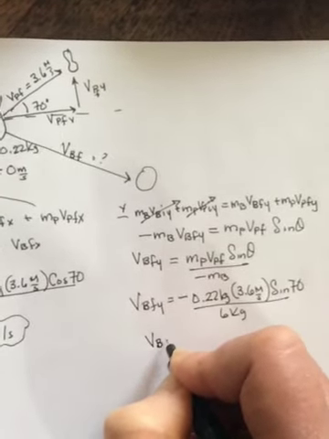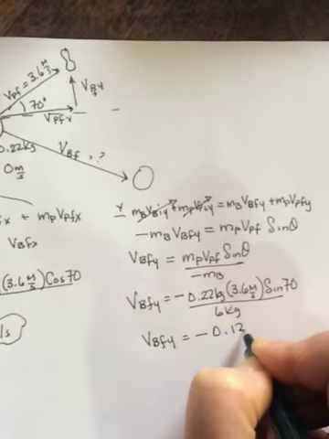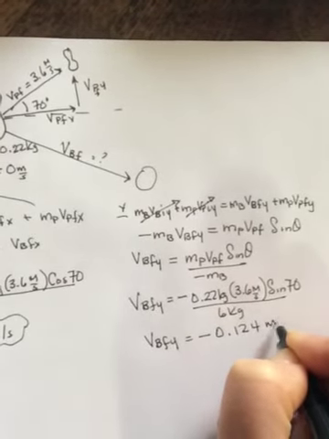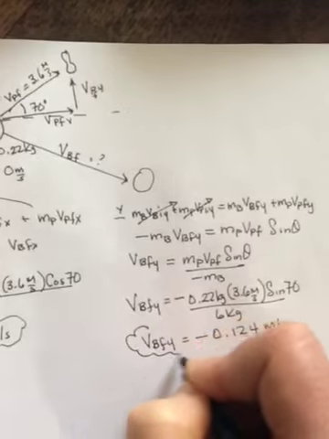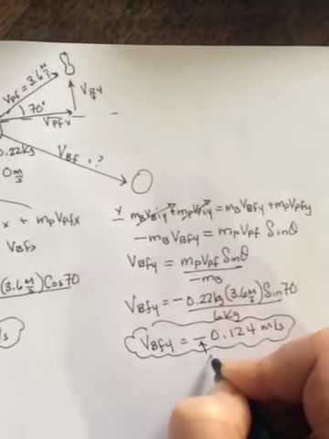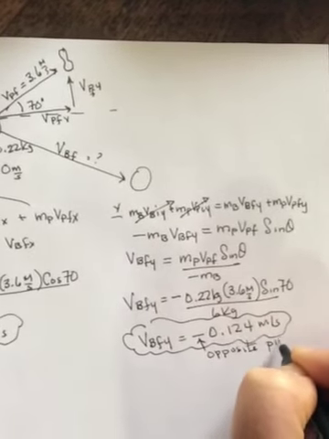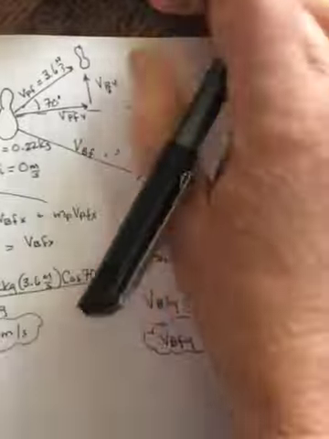So v of the ball final y is equal to negative 0.124 meters per second when you punch this in your calculator. And the negative means in the opposite direction to the pin. In this case, the pin was going up, so the negative means going down.